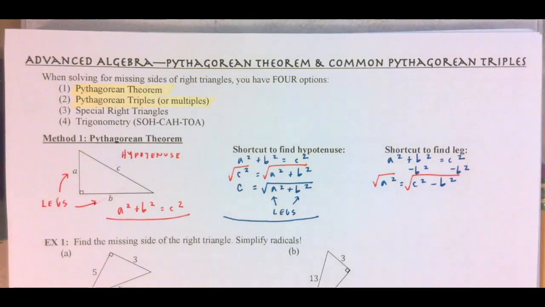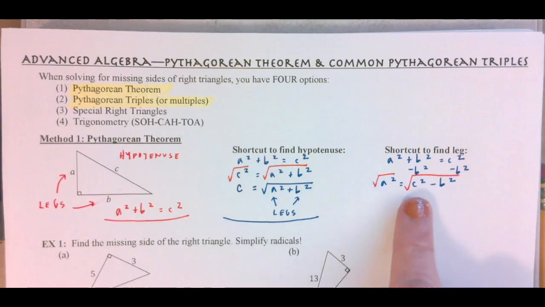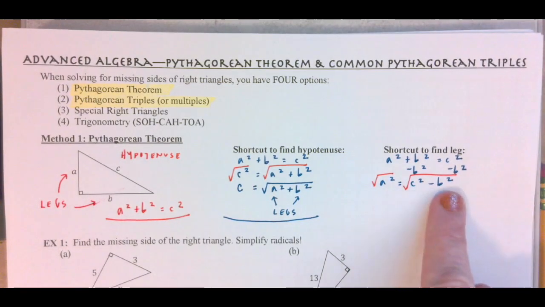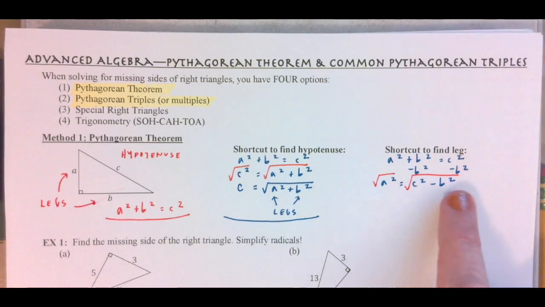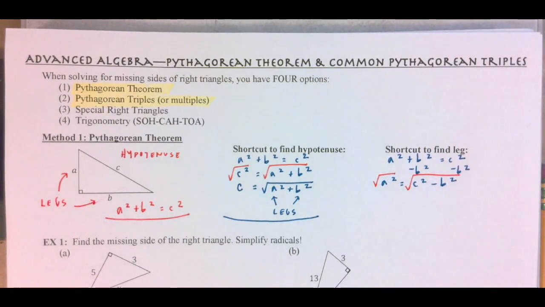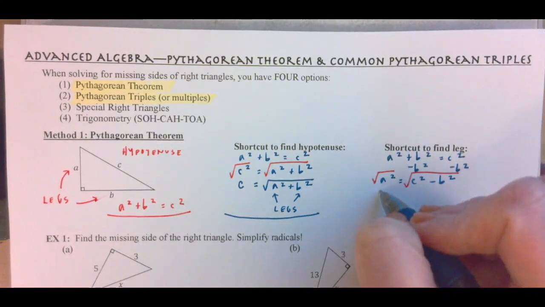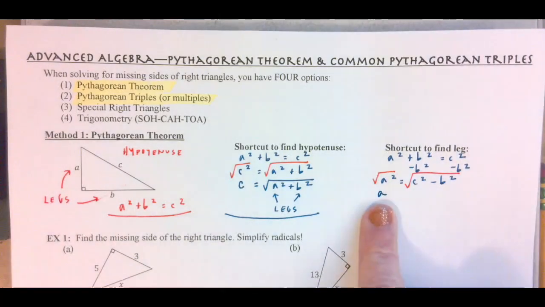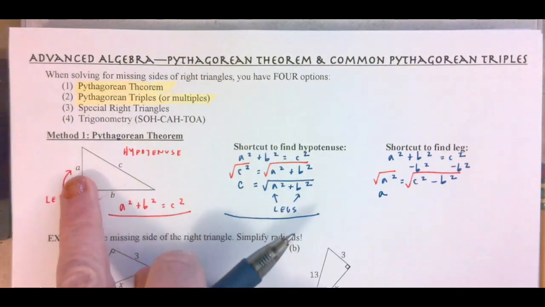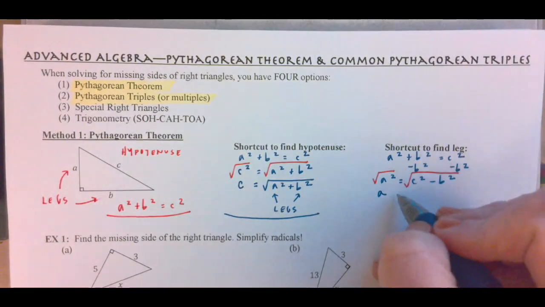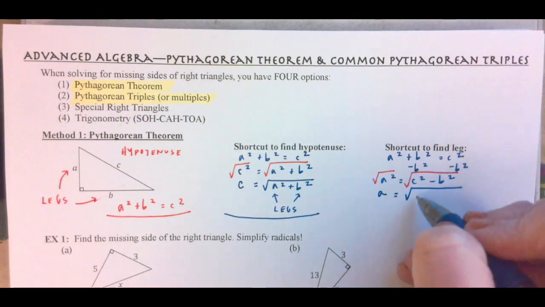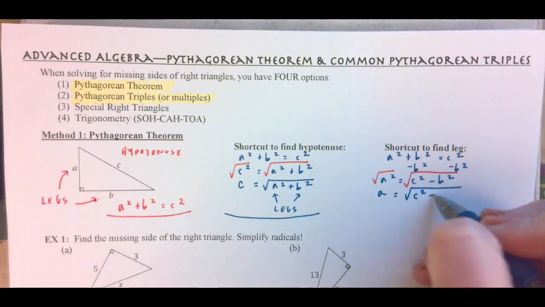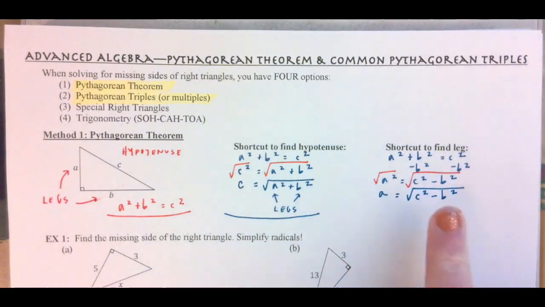What I do to one side, I do to the other as well. I can't unlock those individual components because that's a package. It's like we have parentheses around that group underneath the radical. So now a, technically plus or minus, but again, has to be positive because it's a measurement. My leg would be equal to the square root of the hypotenuse squared minus the known leg squared.